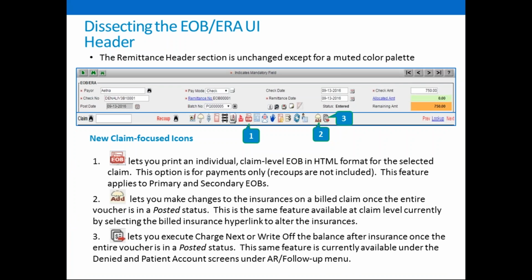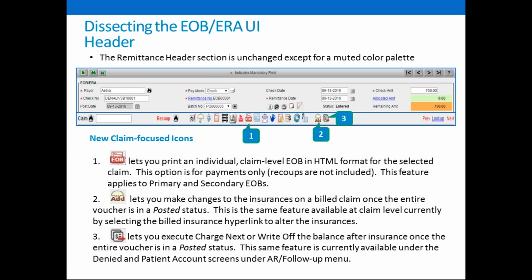The one change at this level, however, is with regards to your icons. If you notice my 3 bullets here, we have 3 new icons introduced to the cash posting screen. The first one, EOB. This lets you print an individual claim level EOB in an HTML format for that selected claim. Now this currently is for payments only, so you're not going to be able to have this feature on a recoup.